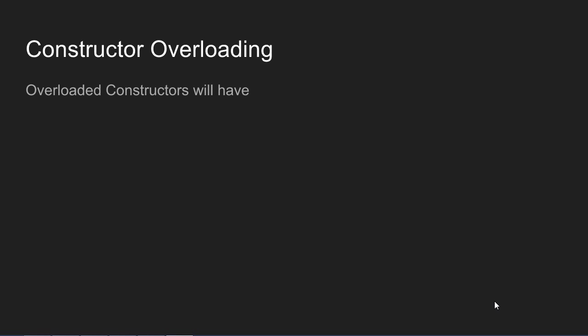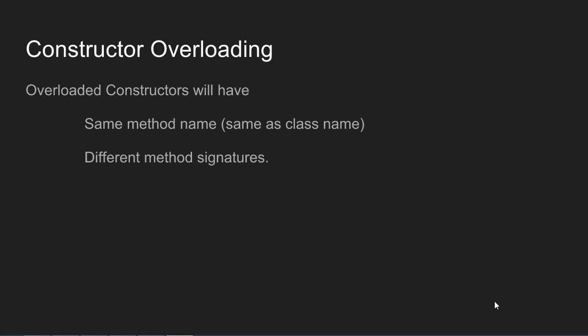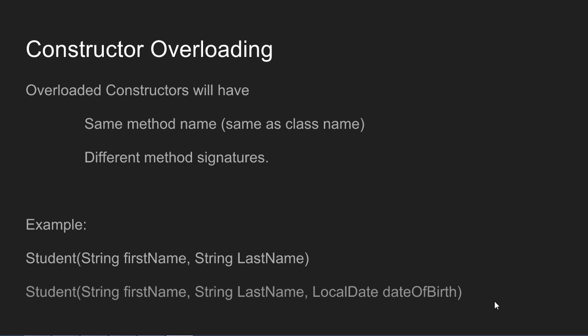The overloaded constructors will have the same name, that is the same as the class name. So all the constructors will have the same name, that is the class name, and they will have different method signatures. So the input parameters or input arguments will differ by type, the number of arguments, or the order of the arguments. So here we can take these 2 examples, 2 constructors.